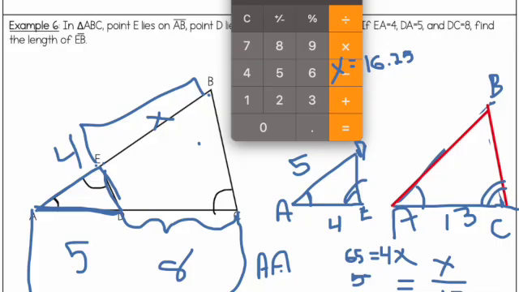Let me fix that, because I was solving for x, but let's just call that AB so it's not too confusing. All right, AB equals 16.25. And when we subtract 4, we get 12.25, and that should be EB.